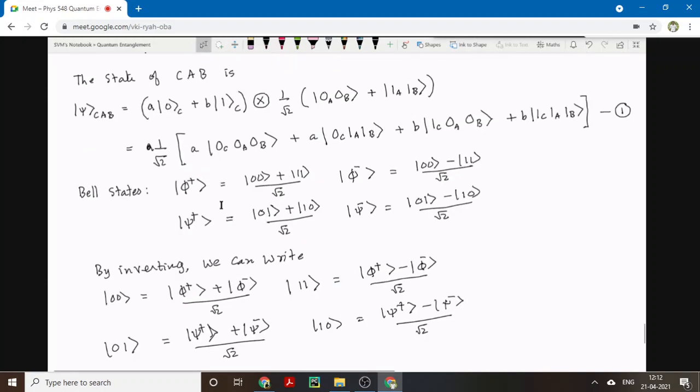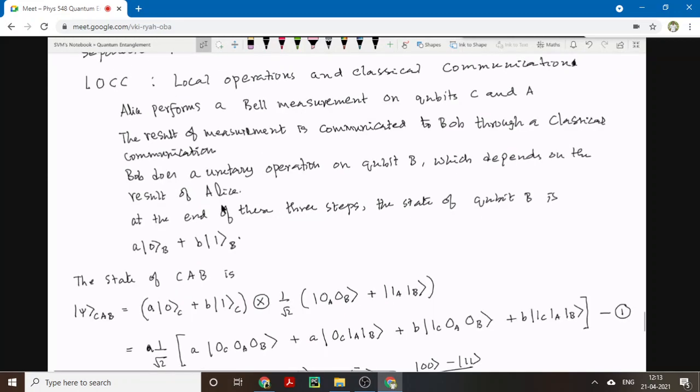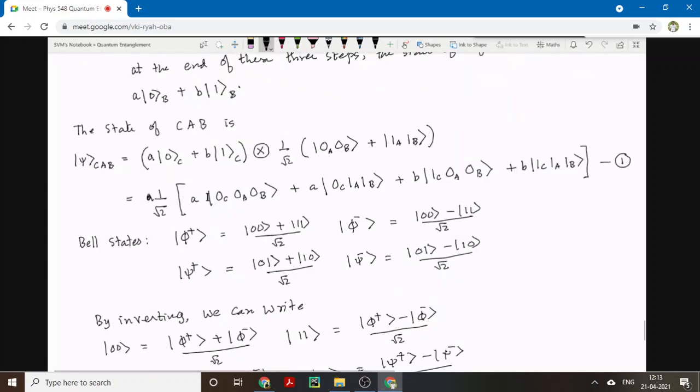Now if you look at this, remember in our protocol, Alice is going to perform a Bell measurement on qubits C and A. So C and A is important. That means the state CA, I must write in terms of phi plus, phi minus, so that when I do a measurement, I know that the CA state will go to one of those things, right?